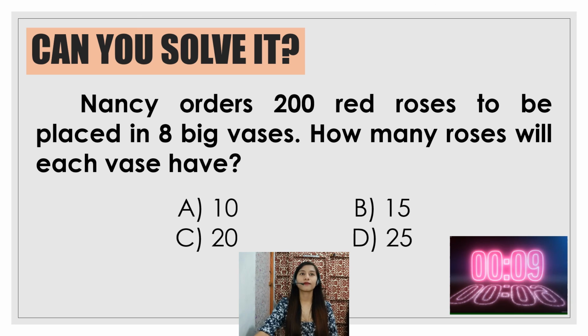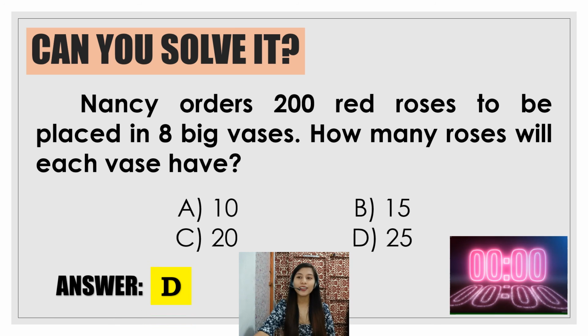Time's up. So the answer is letter D. There are 25 roses in each vase. Put a check on your answer if it is correct.